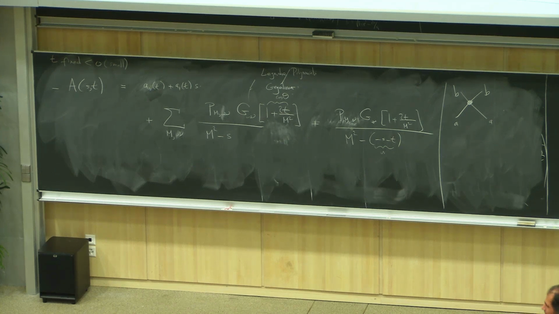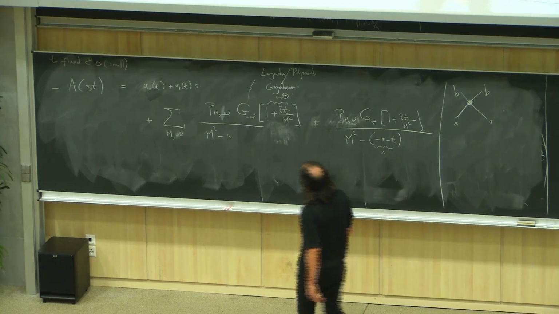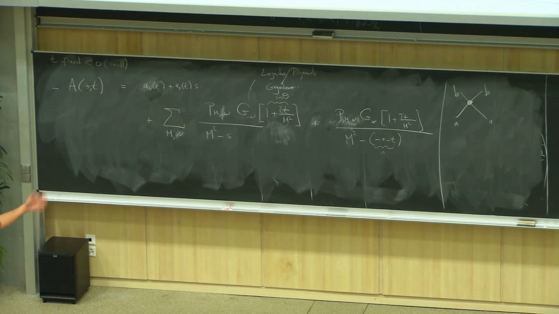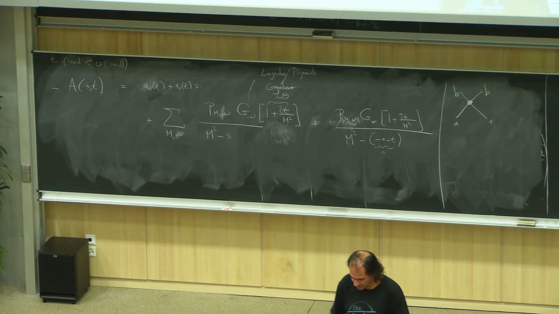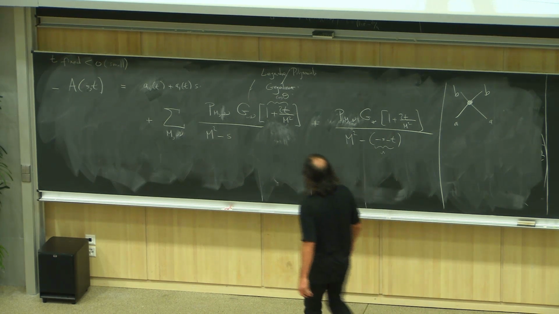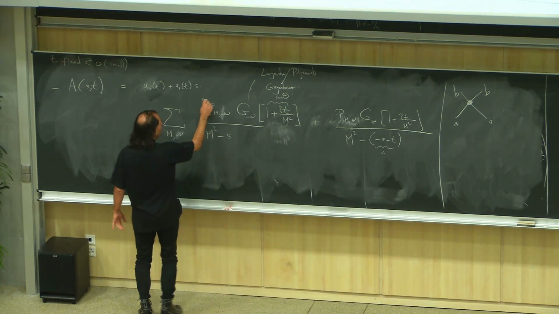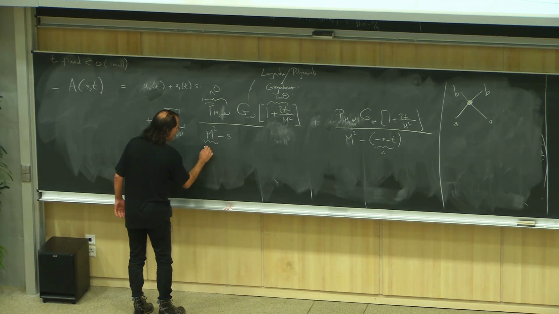We're going to argue, and I'm going to show why this representation is true, why we can represent things in this way. But then we want to see what are the consequences of 2 positivities here. 1, these probabilities are positive. 2, these mass squareds are positive.